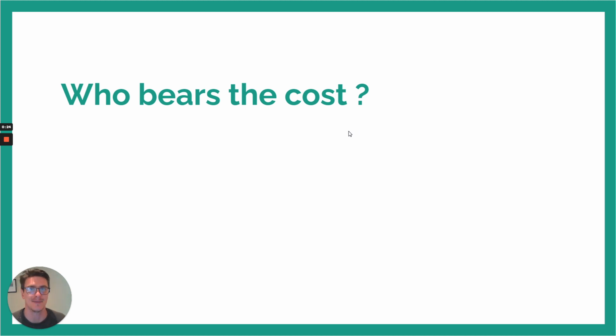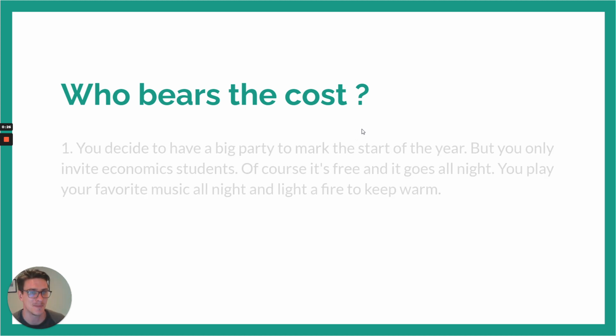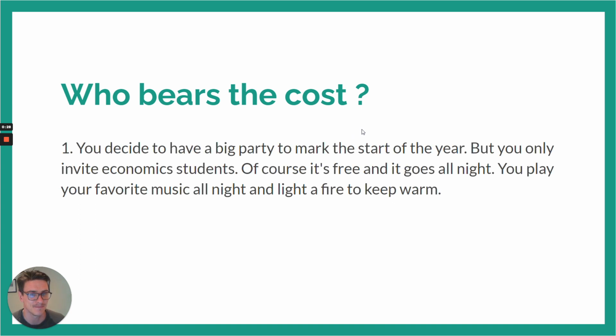Now I want to start out by thinking about a little example. So let me show you what this looks like. You decide to have a big party at the start of the year, but you only invite economics students naturally, and of course it's free, goes all night, it's amazing, everyone has a great time, so much fun, Harry Styles is playing. Now, let's think about this in terms of an externality problem, because there are some costs to you to set up the party, right?